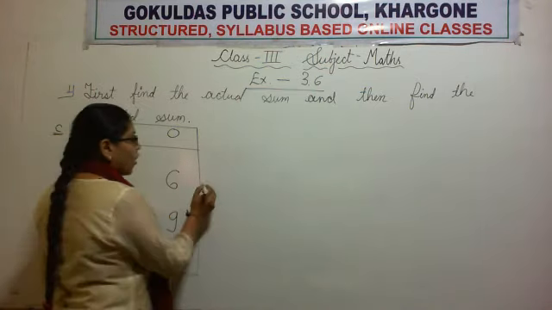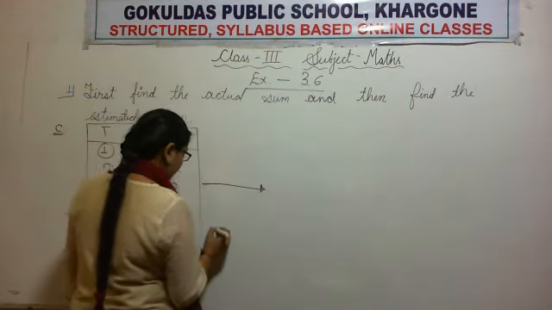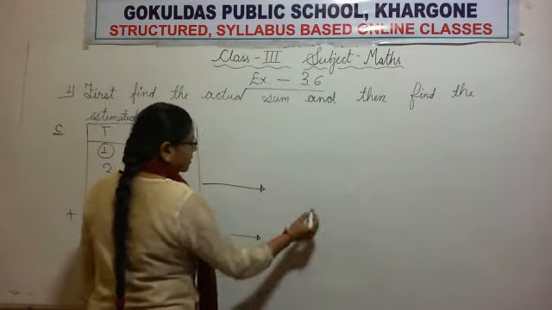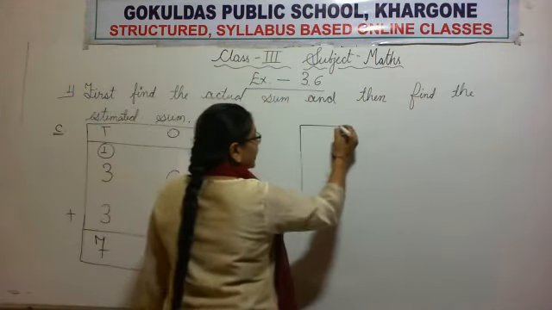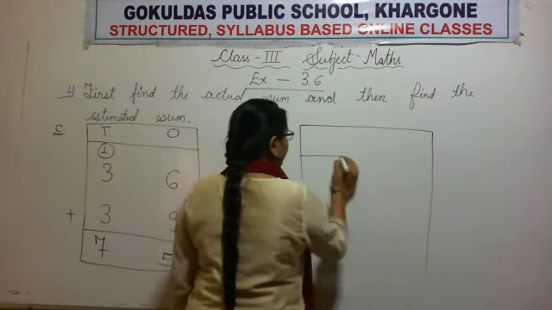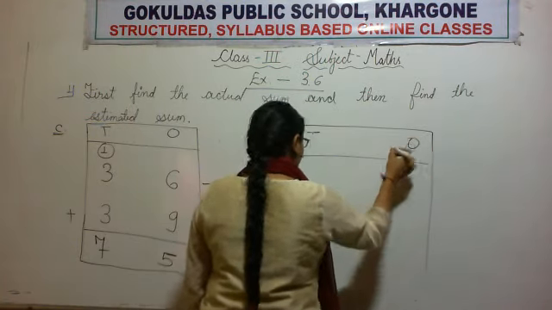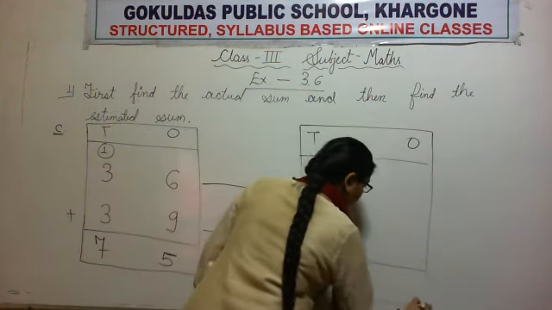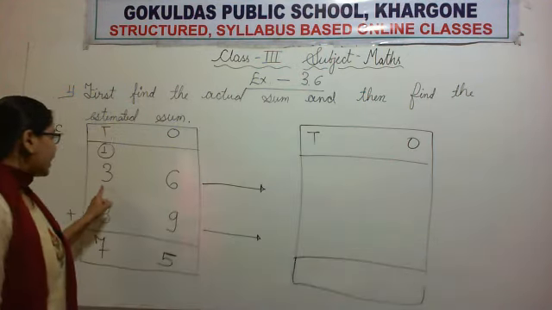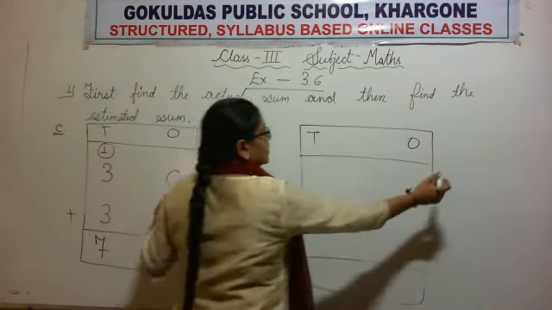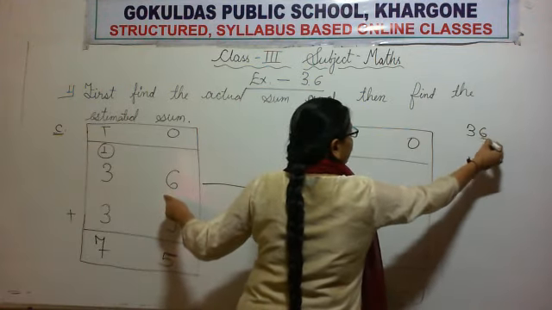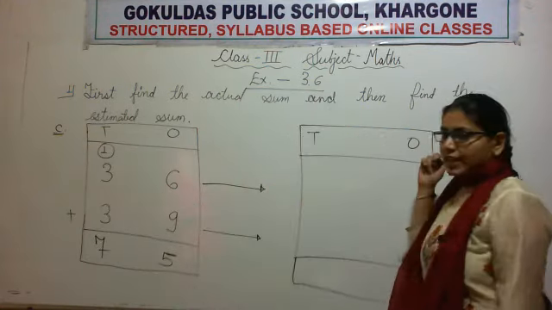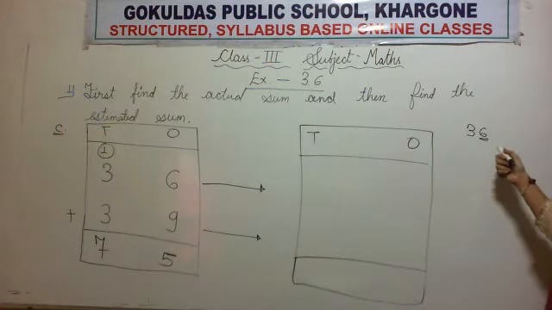Now let's round off the actual given numbers. First, let us make a table. Tens, ones. Now, first we will round off the first addend 36. See, the number 36 is having 6 at ones place, which is greater than 5.